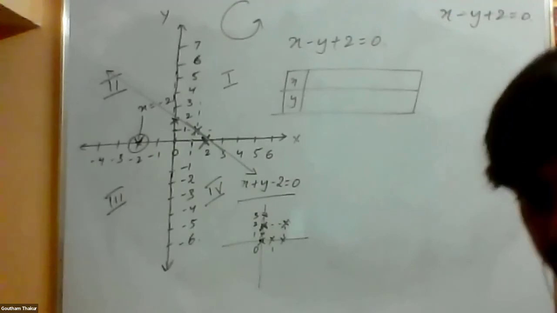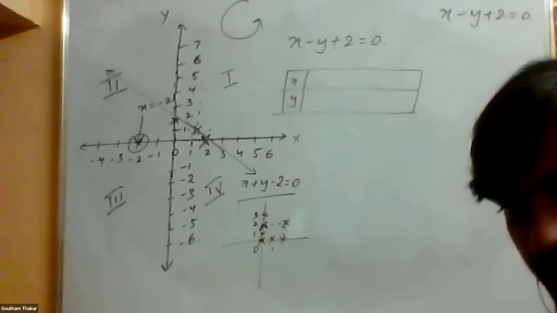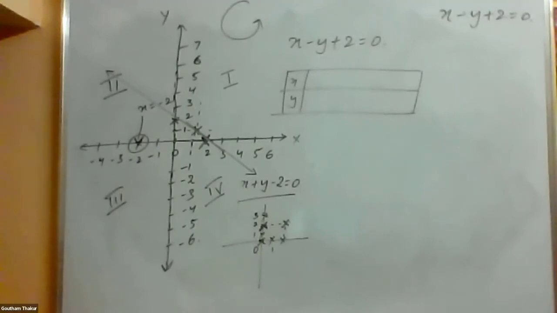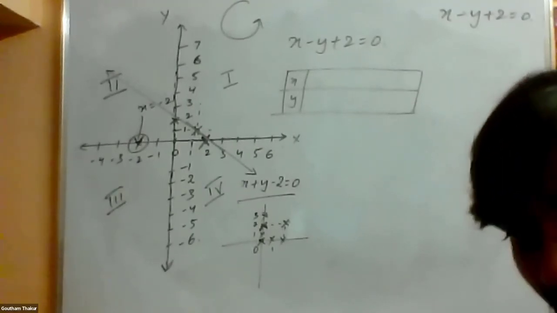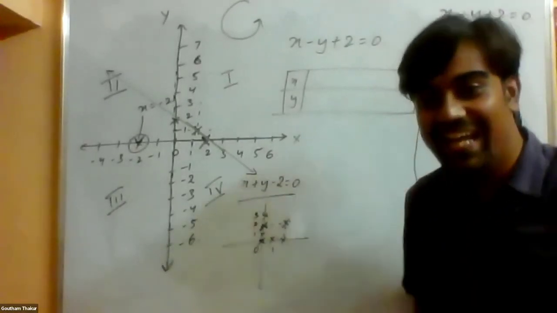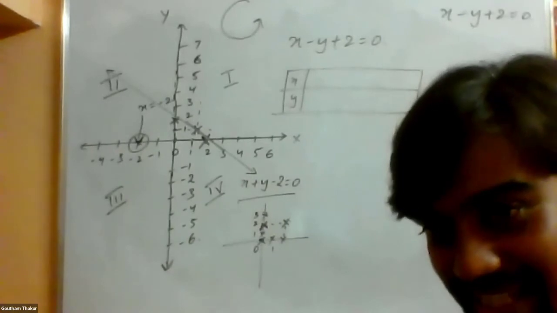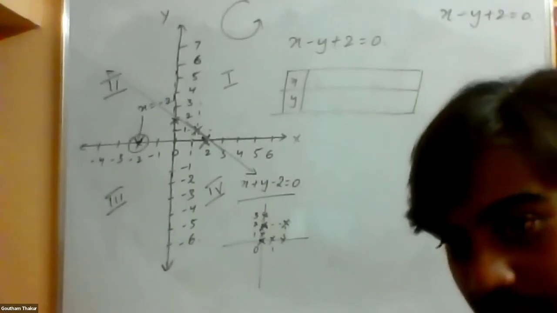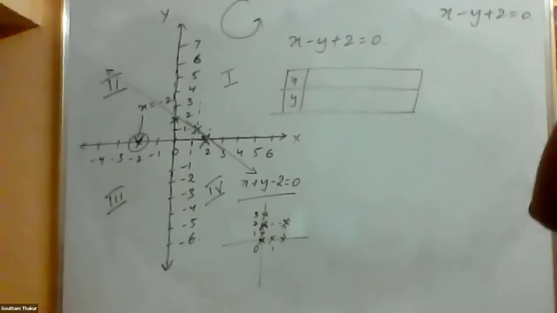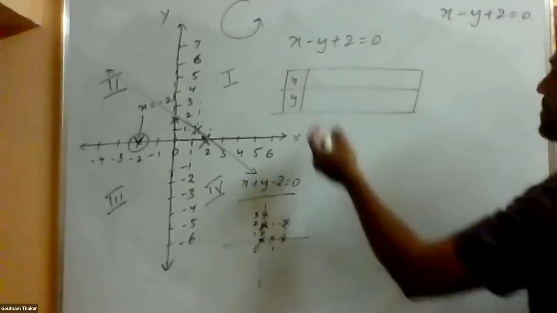Have a check, Vikram, check once with your answer. If x is equal to 0, y is not equal to minus 2. Satvik, check with your sign, I would say. Yusuf, perfect. If x is 2, y is 4. Very good. Yusuf got the first answer, I would say.